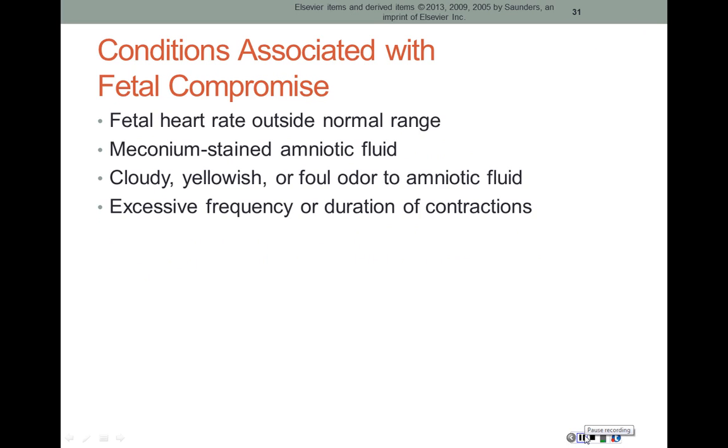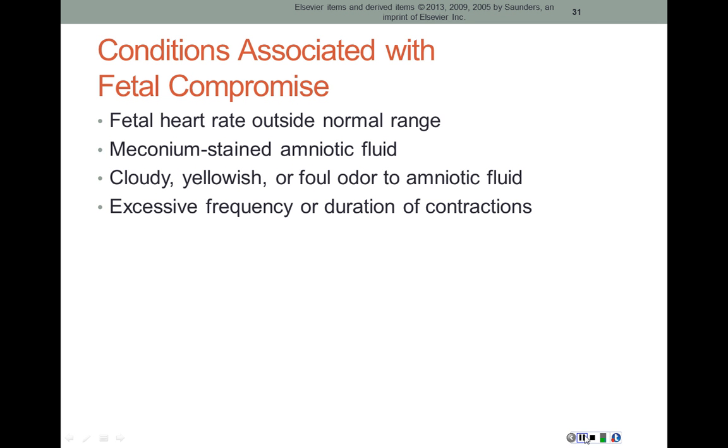Okay, so some things that would be associated with fetal compromise or problems with the fetus would be that the fetal heart rate is outside that normal range of 110 to 160. We can have meconium stained amniotic fluid, and meconium is just that first stool that a baby has after birth, and it's supposed to occur after birth.